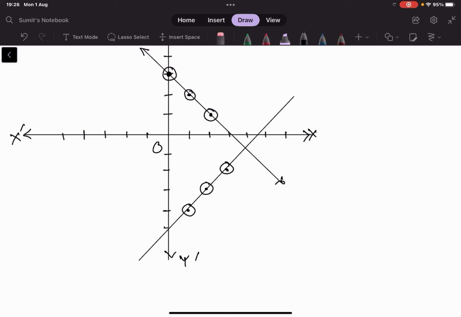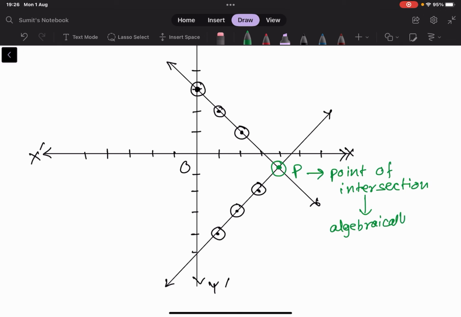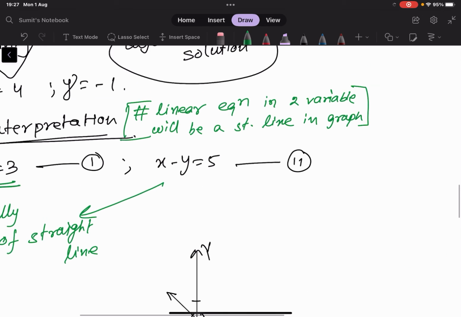Now these 2 straight lines intersect at a point, that is called the point P. P is called the point of intersection. And algebraically, it will give you the solution of both the equations, the common solution, which you have got on solving.